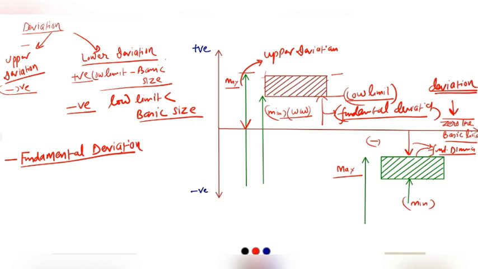Now next comes the tolerance zone. So what is tolerance zone? We have to define the next term. Tolerance zone is the difference between the two sizes, that is the maximum size and minimum size. So in this case, this is the tolerance zone.